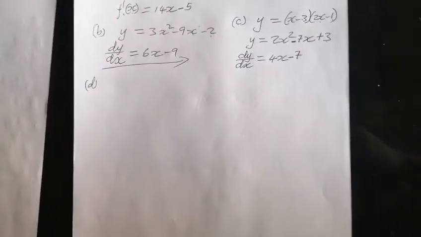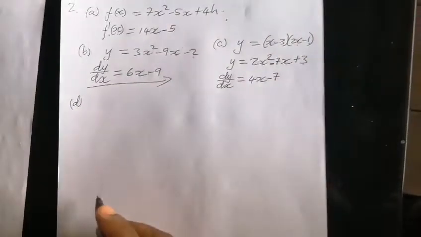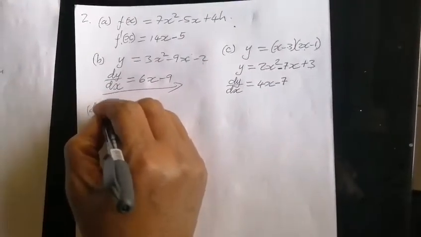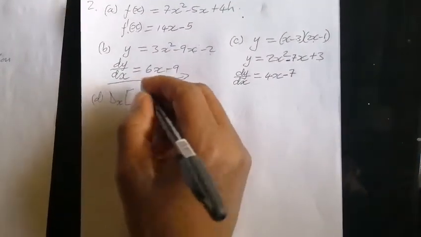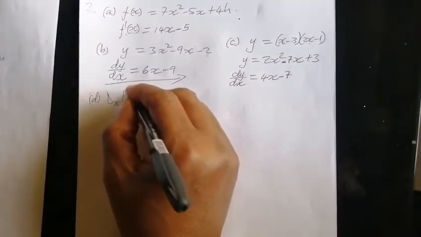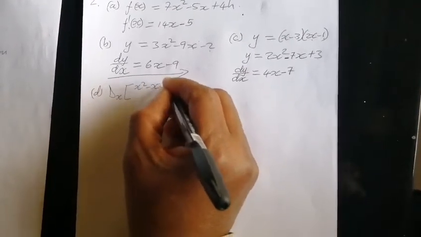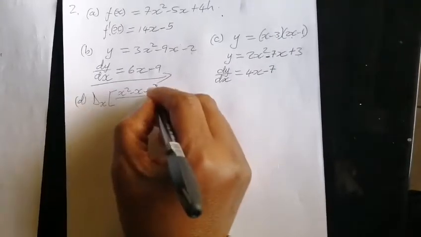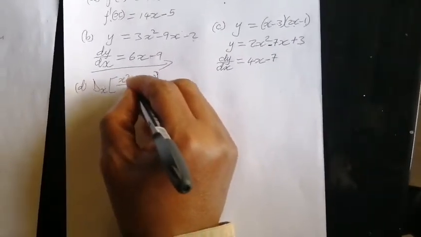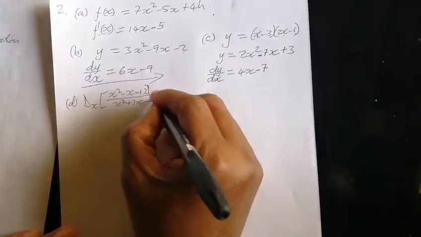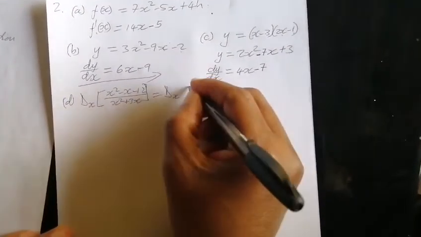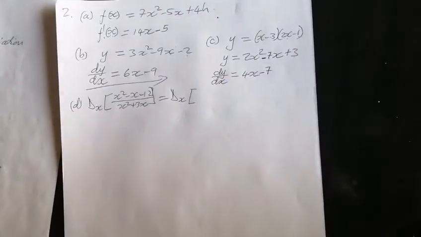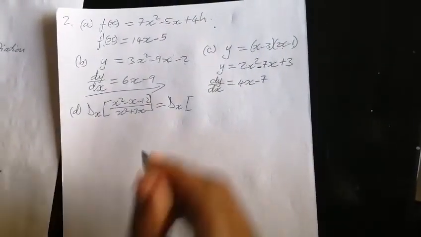Continue from here. Part D, we are finding d/dx of, in brackets, x squared minus x minus 12 all over x squared plus 3x. Again, we do not differentiate before it is in the language that the rules can observe.